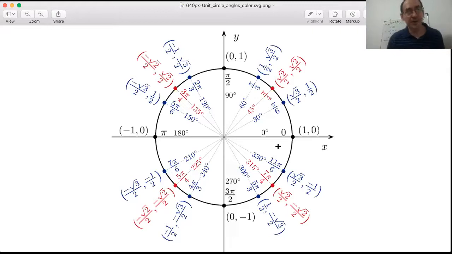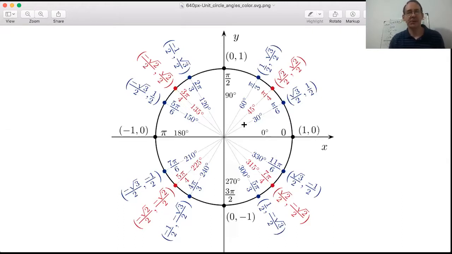So notice the values are actually the same. Root 3 over 2 and 1/2. Negative root 3 over 2 and 1/2. Negative root 3 over 2, negative 1/2, and root 3 over 2, negative 1/2. The same numbers and radicals, only the sign changes depending on the quadrant and the trig function.